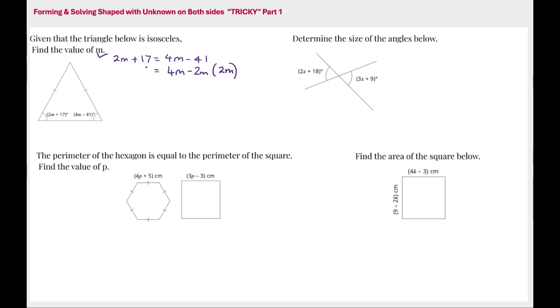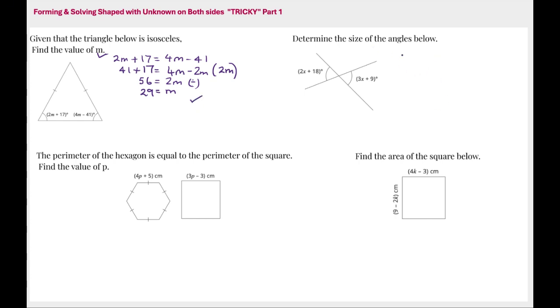And this 17 here stays, and we move the number over the equal sign, so it becomes a plus 41. So we're left with 2m and 56. Now we're going to divide by 2. So we now have m equals 29. So we've found out our m.